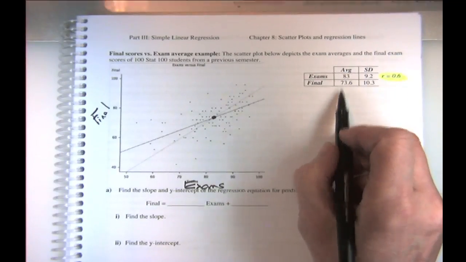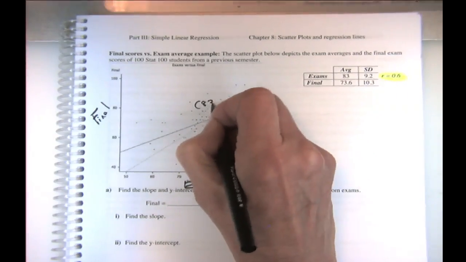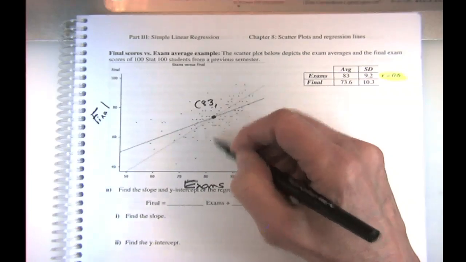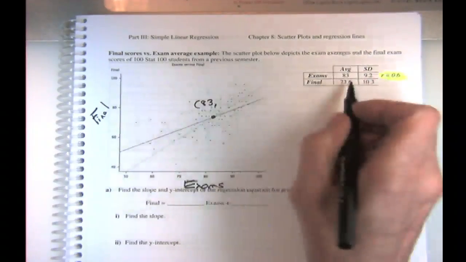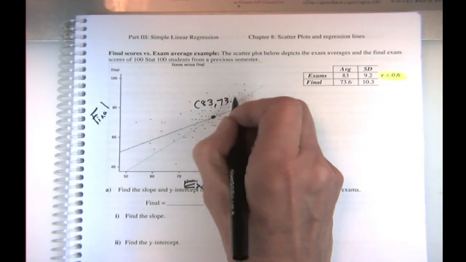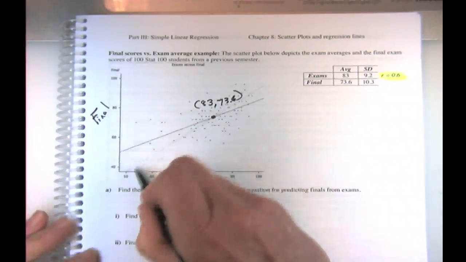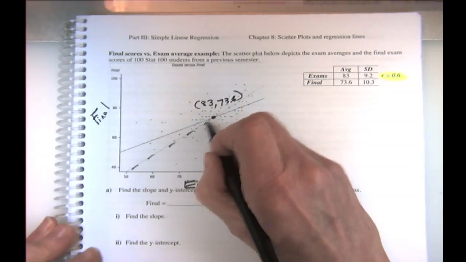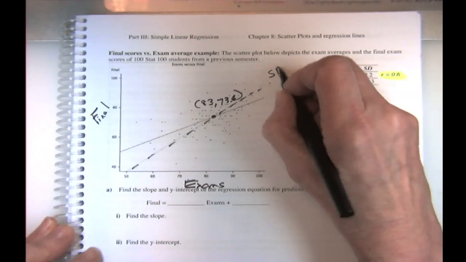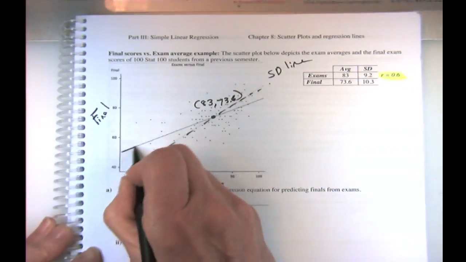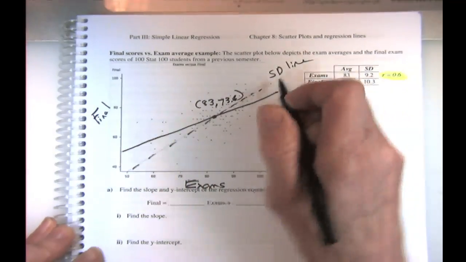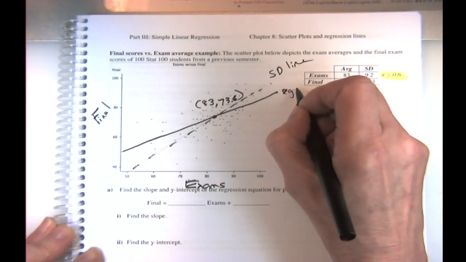And we can read right off here, that's 83 for the x's, and it looks like about 83. And for the y's, it's 73.6. This right here is our SD line, and this right here is our regression line.